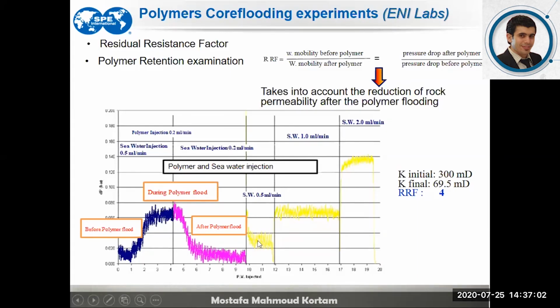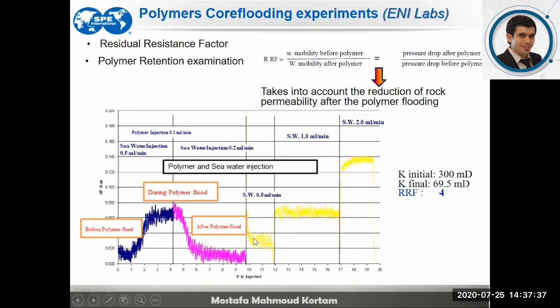Then we started later by displacing with water. So this represents the 0.5, and we have to compare that 0.5 with this value, 0.5, the injection rate of the water. It is comparable with the injection rate of the water just prior to the polymer, but right after the polymer we would have a higher differential pressure that accounts for the polymer retention.